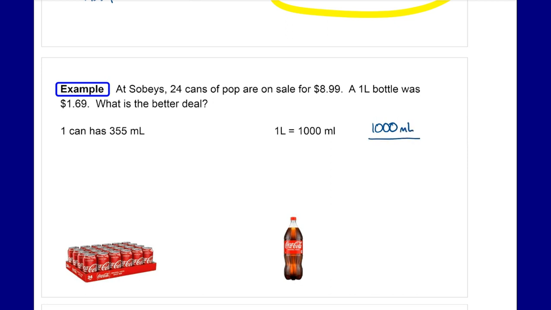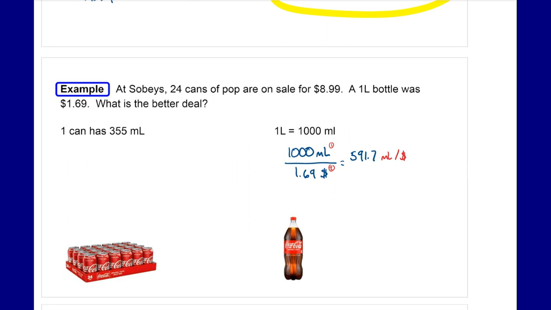So 1,000 milliliters divided by $1.69 equals 591.7. And this is going to be milliliters per dollar. So that means for every $1, I can get 591 milliliters, or roughly 592 milliliters per dollar if I was buying the bottle of pop.